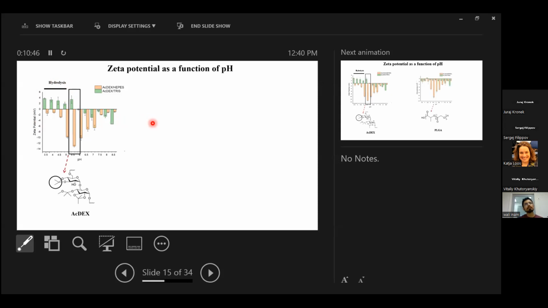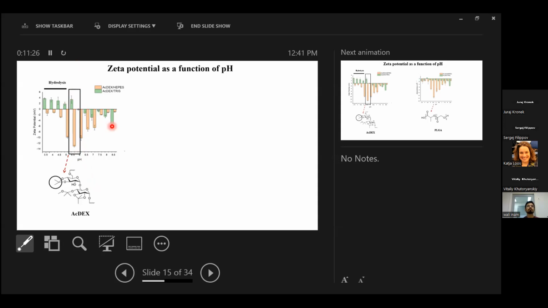What was important to see in this kind of comparison is that first, you can see there was a suppression, particularly in the Tris case, in the zeta potential of the particles in the presence of Tris. And particularly there's an inversion, where you get a slightly positive zeta potential. However, in HEPES, there's a strong or relatively strong zeta potential. Now AcDEX has a hydroxyl group, and it is expected to have a negative zeta potential, so this was something we were not expecting.